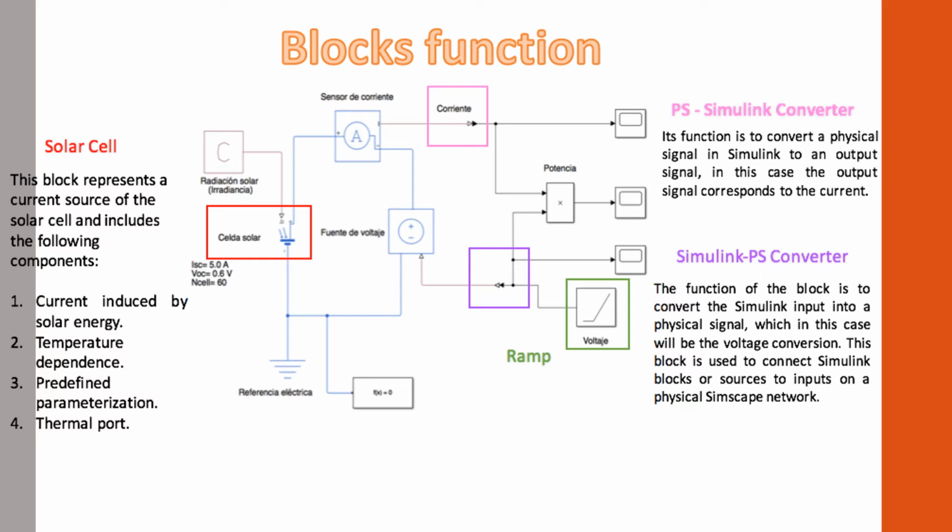Predefined parameterization. This pre-parameterization data allows you to configure the block for the representation of components from specific providers. Number 4. Thermal port. This is highly parameterized by default, but in general it's used for modeling thermal heating due to the solar irradiation.